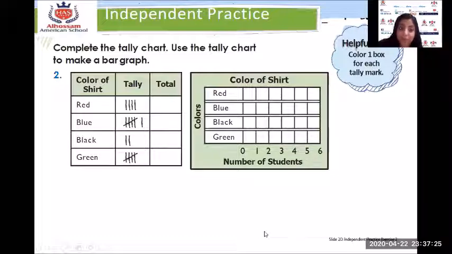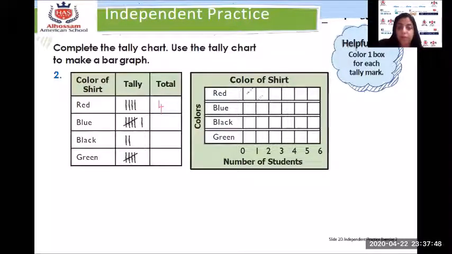Okie dokie. All right. Red for tallies. Let me use my pen. 4 tallies. So I'm going to write 4. And for red, this is the color of shirts. Okay. So 4 people chose red.